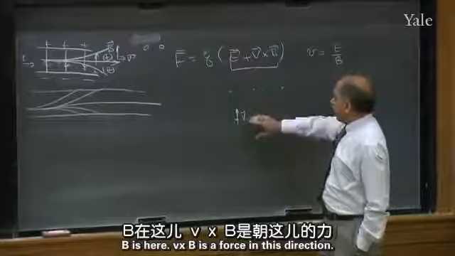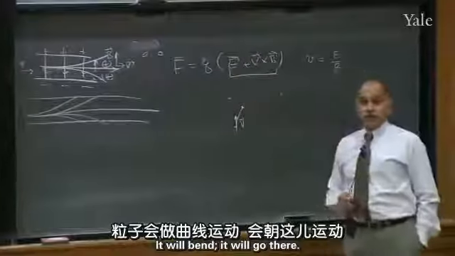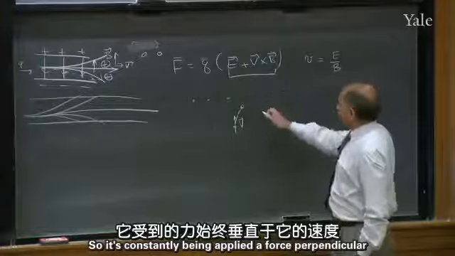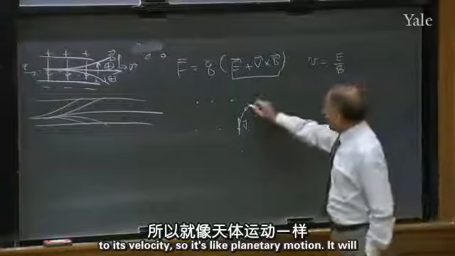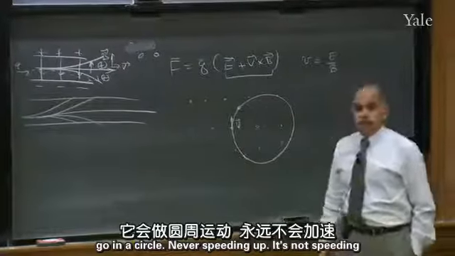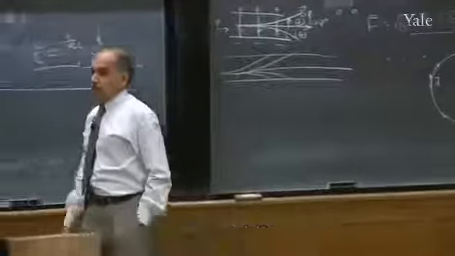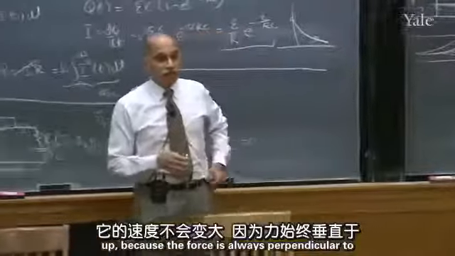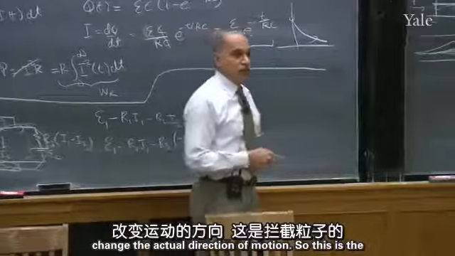V cross B is a force in this direction. It'll bend, it'll go there. So it's constantly being applied a force perpendicular to its velocity. So it's like planetary motion. It'll go in a circle. Never speeding up, because the force is always perpendicular to velocity. You don't change the kinetic energy, but you change the actual direction of motion.